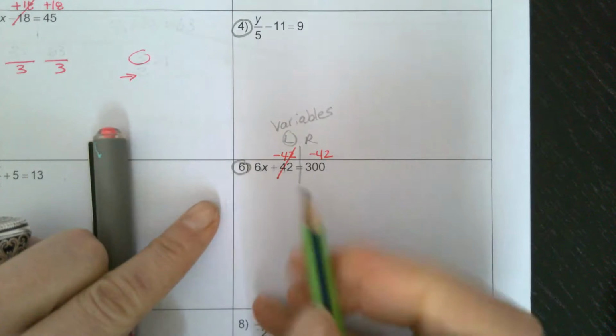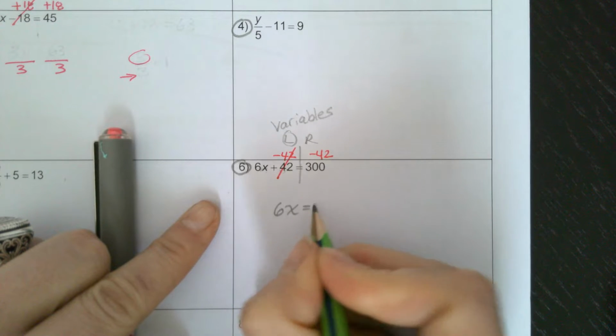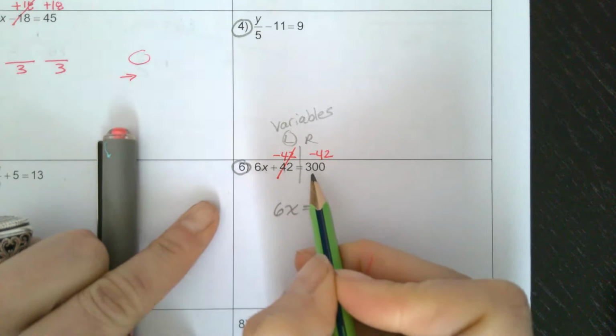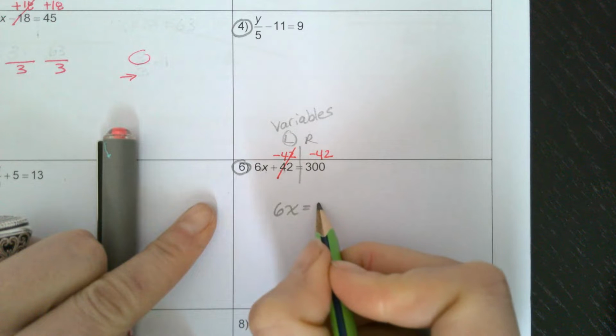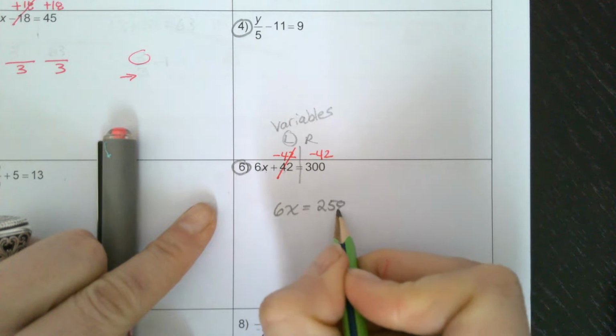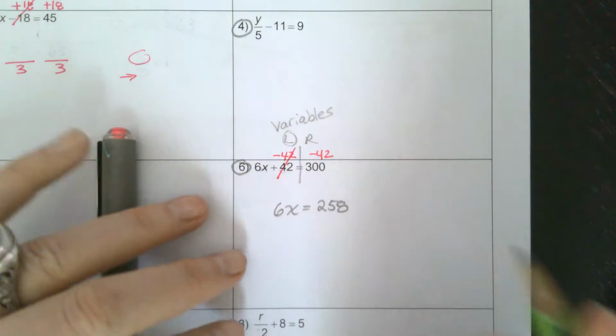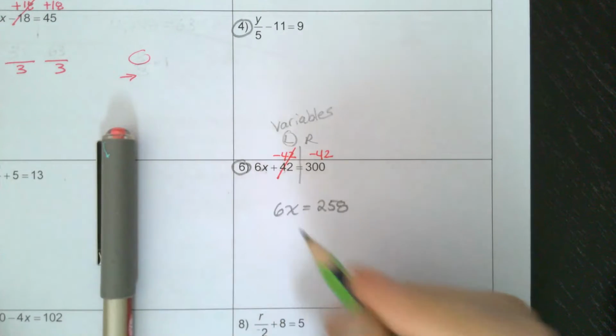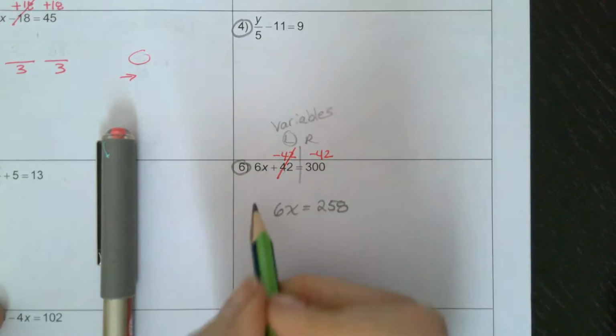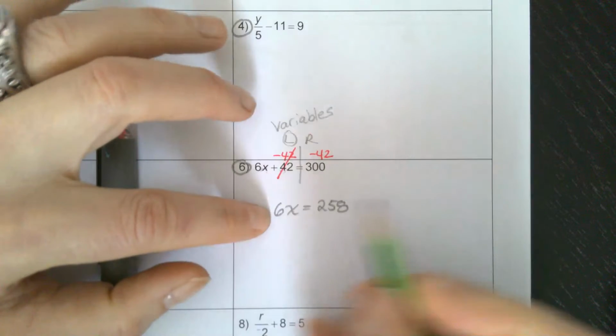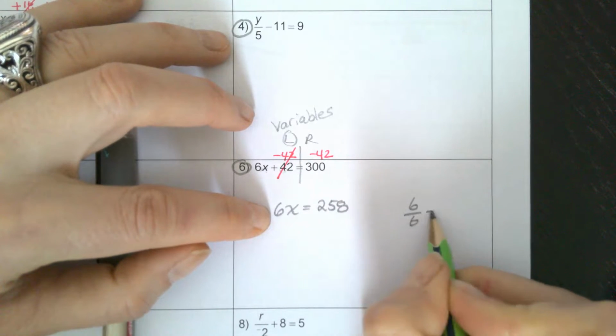So now I just have 6x equals 300 minus 42 would be 258, I think. Yeah. Now x wants to be alone, so I have to get rid of the 6. So to get rid of the 6, I make the fraction 6 over 6 equals 1.